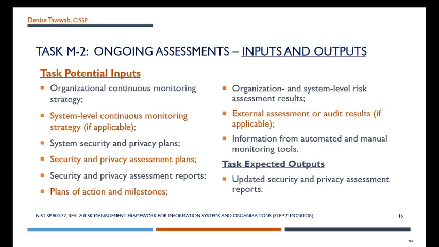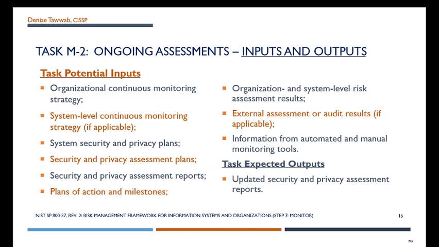Inputs to the ongoing assessments task would be the organizational continuous monitoring strategy, the system level continuous monitoring strategy, if applicable, the system security and privacy plans, the security and privacy assessment plans, the security and privacy assessment reports, the plan of action and milestones, organization and system level risk assessment results, any external assessment or audit results, and information from automated and manual monitoring tools.